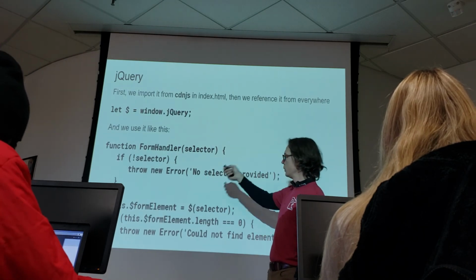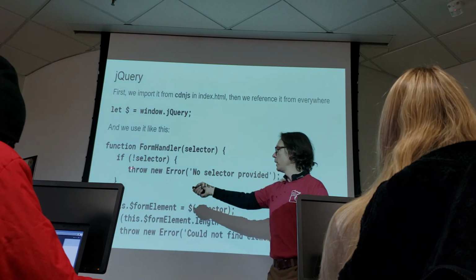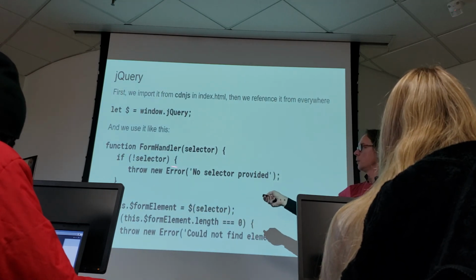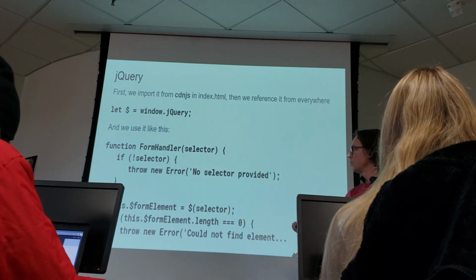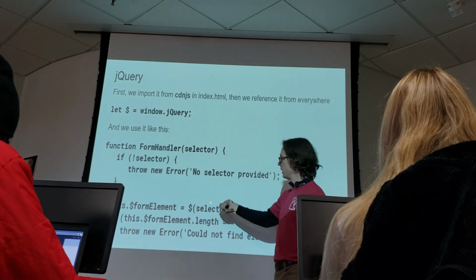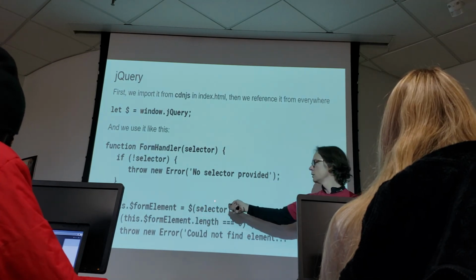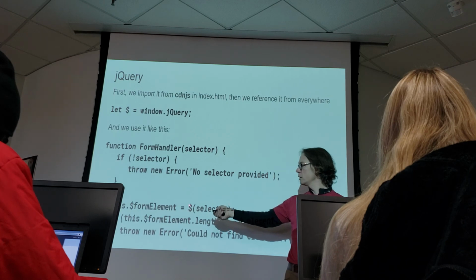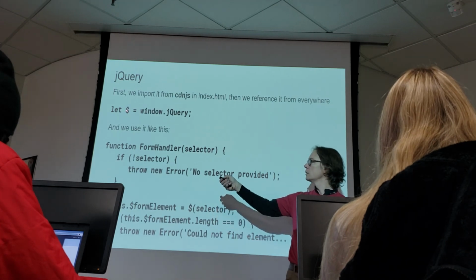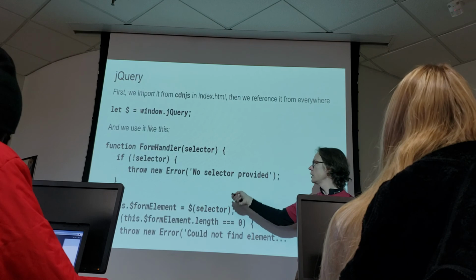If we didn't pass something in, then just say you didn't tell me what I'm supposed to look at. Otherwise, this is jQuery right here. The $ sign says jQuery, and the selector is what you passed in.